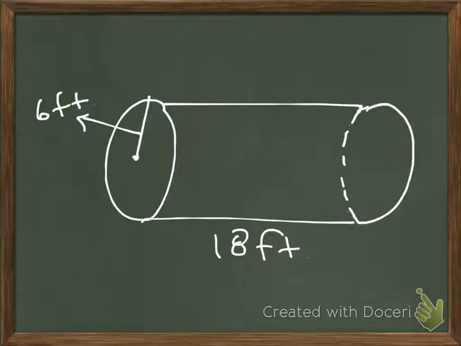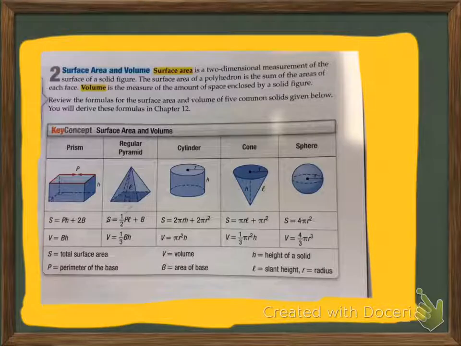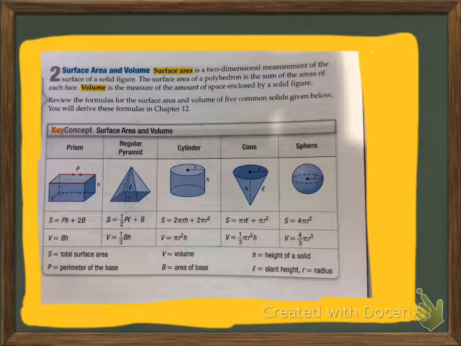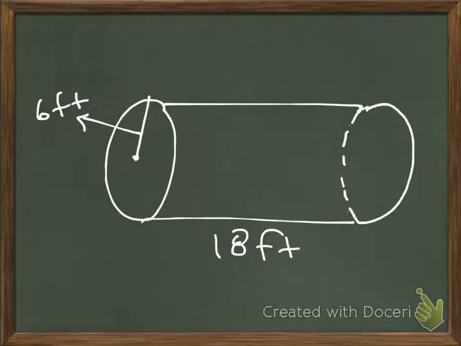So we're going to go back to our table to refer here, but this is a cylinder, and the volume of a cylinder, if we go back, is right here, pi r squared h, and h is going to be your height, r is going to be your radius.